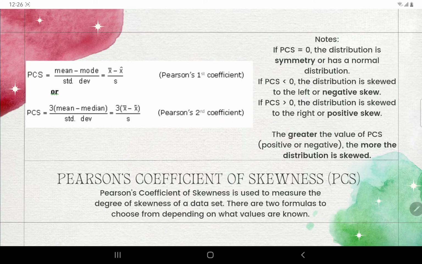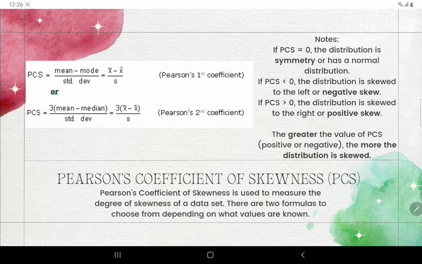For the first formula, Pearson's first coefficient, we subtract the mode from the mean and then divide by the standard deviation. For Pearson's second coefficient, the formula is 3 times the mean minus the median, and then divided by the standard deviation.